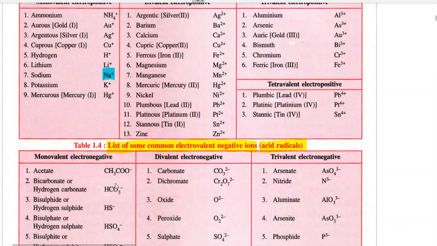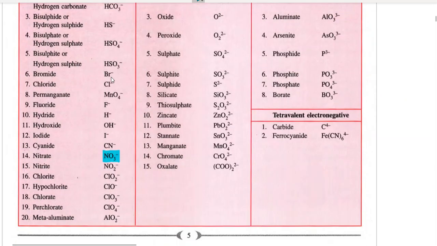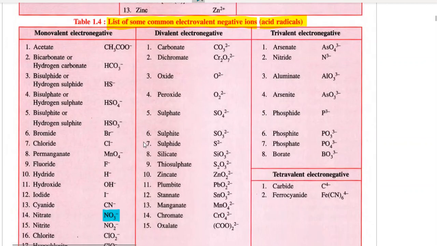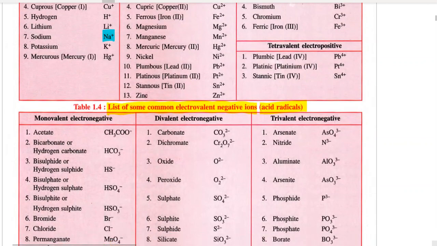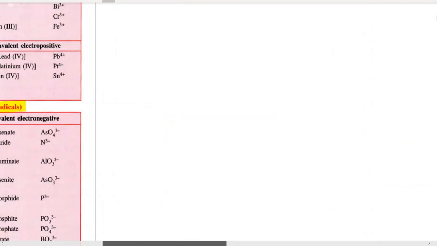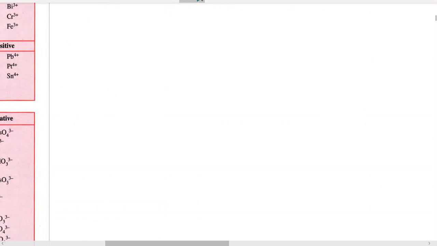Okay, so just have a look, sodium Na plus and nitrate NO3 minus, right? Let's take it to the right side. Na plus, this is the first example, and NO3 minus.